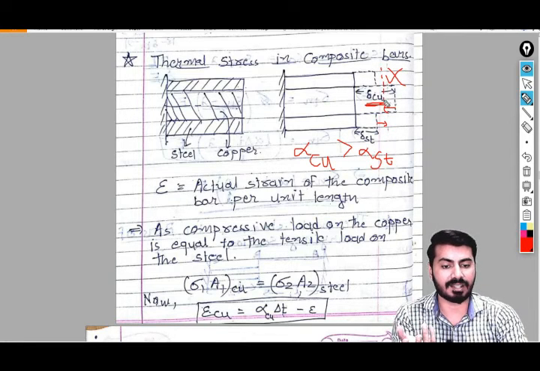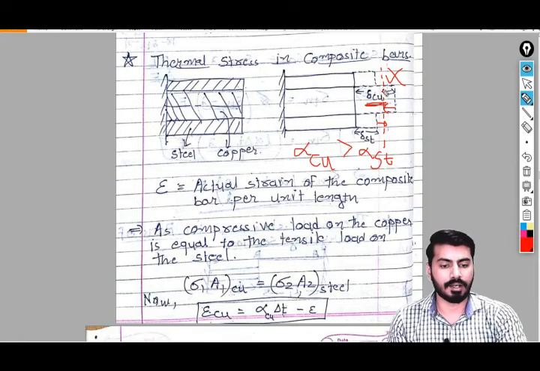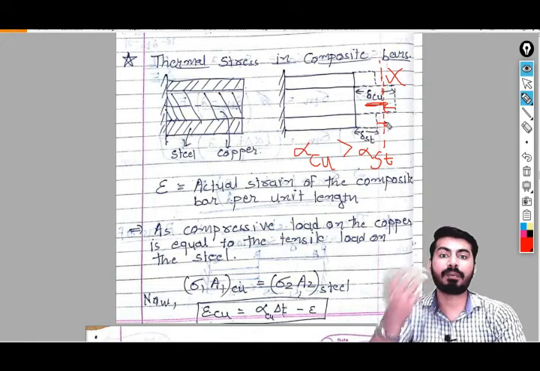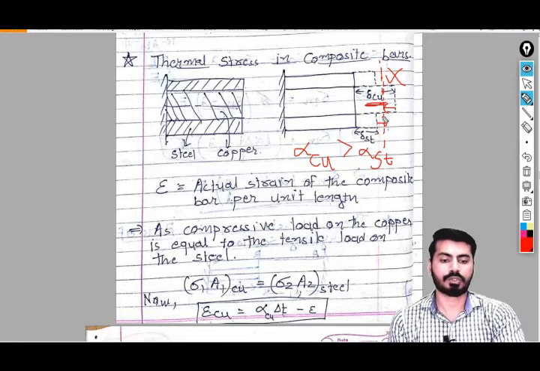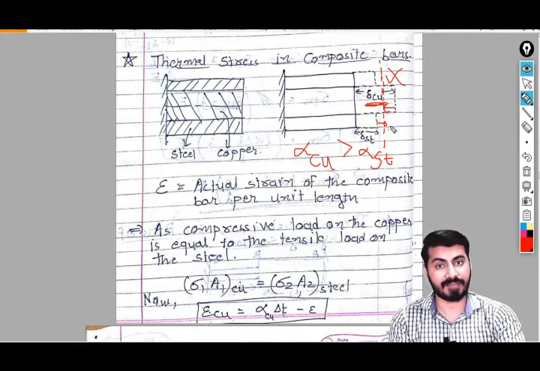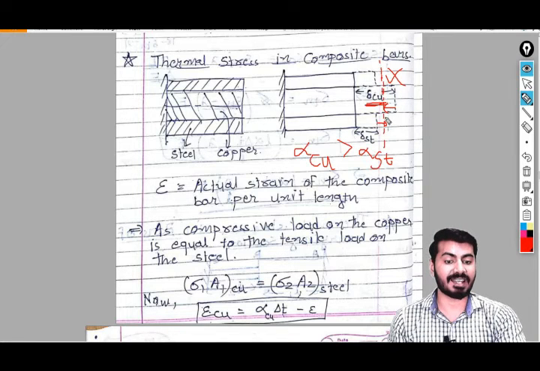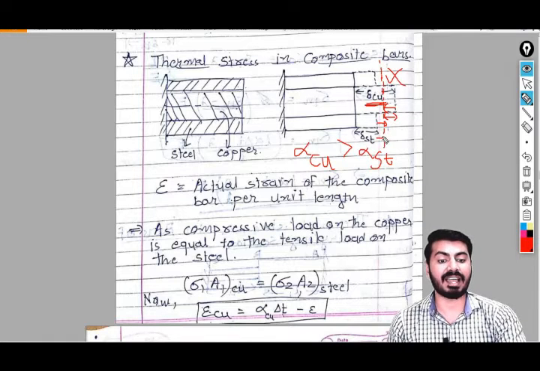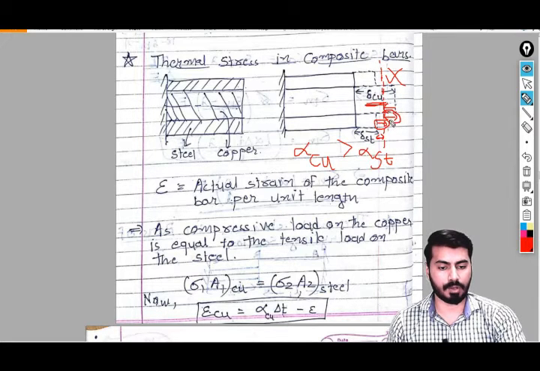Let's say this is the compromised level, the point at which both materials end up expanding together. If this is the final expansion, then the copper is compressed this much and the steel is elongated this much. So this is the elongation of the steel and this is the compression of the copper.